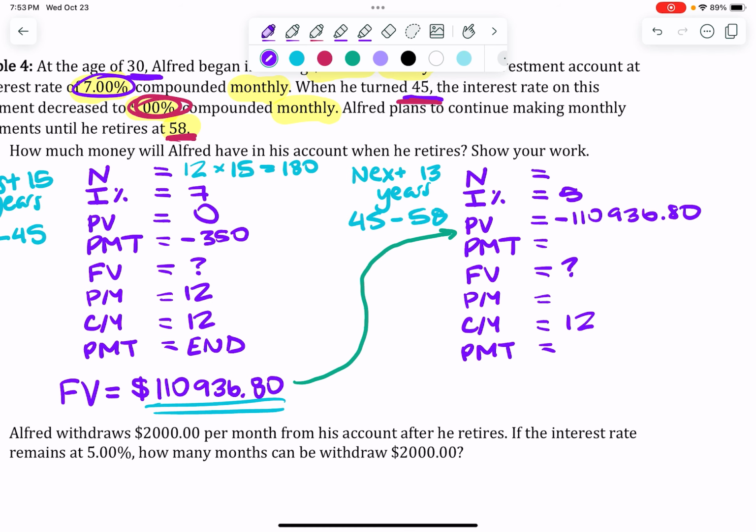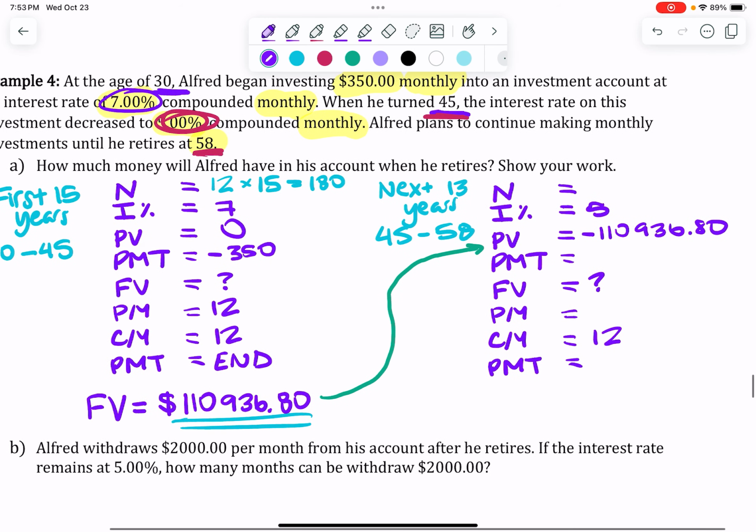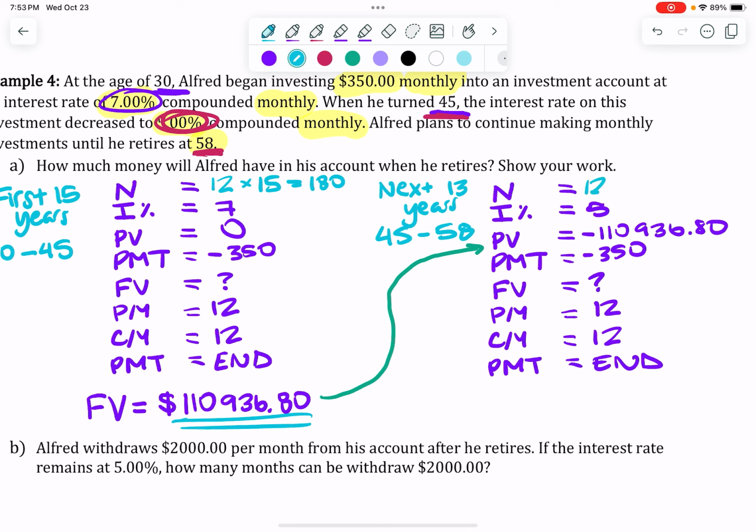When we look at the rest of this question, he's still making monthly investments until he retires. So we're still seeing this negative $350 as a payment. We're still seeing it monthly. We're still seeing it at the end. My N is my PY times my number of years, which is 13, which is 156.